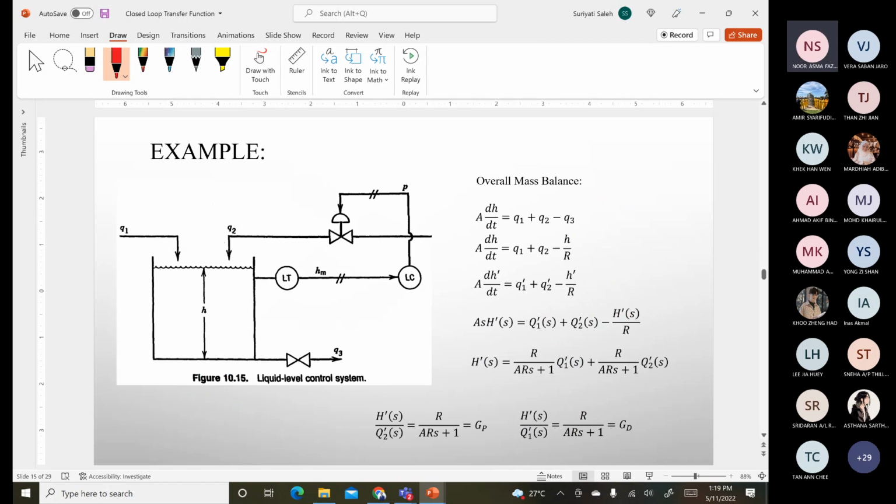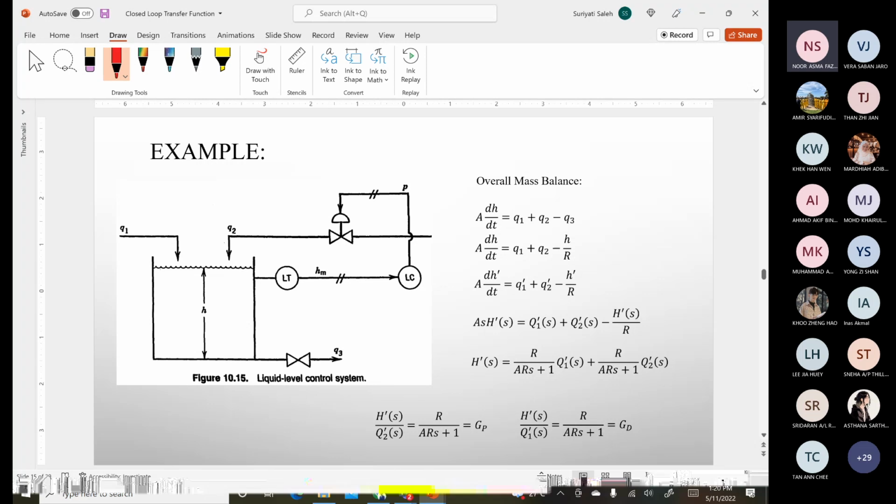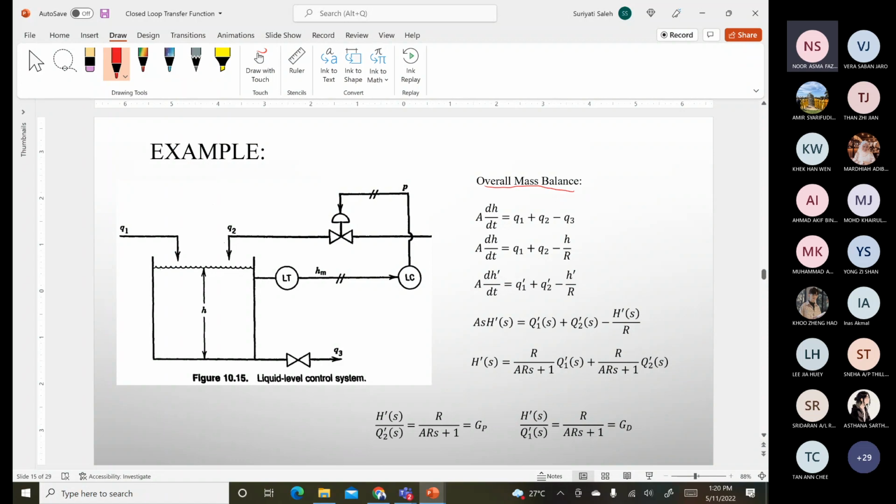Alright, this is a further example, just to have a clear idea of how the transfer function is given. This example is based on the liquid level control system. Here you have the overall mass balance, where A dH/dt equals Q1 plus Q2 minus Q3. Since Q3 has the valve, I change Q3 equal to H over R, where R is the resistance.